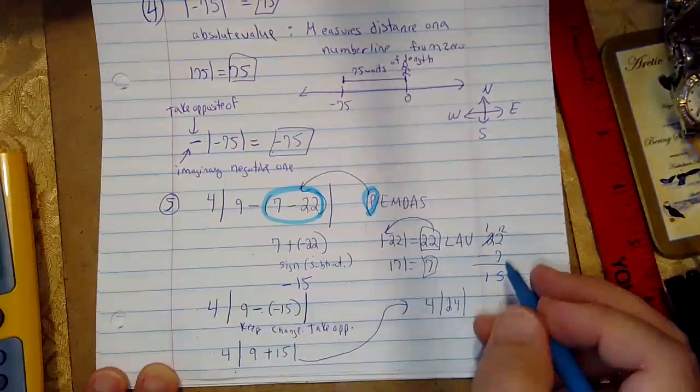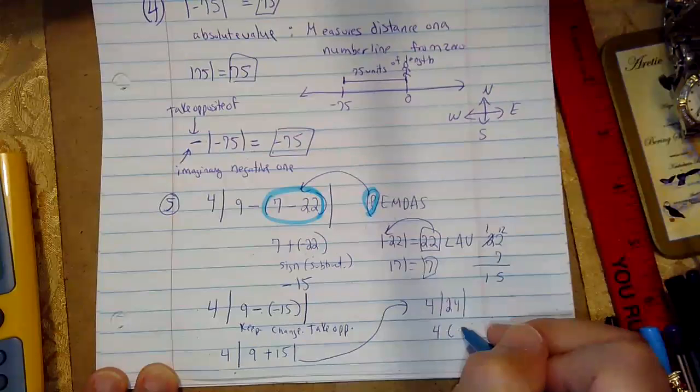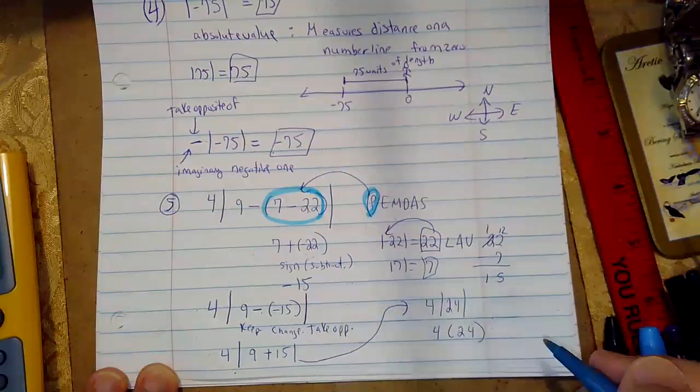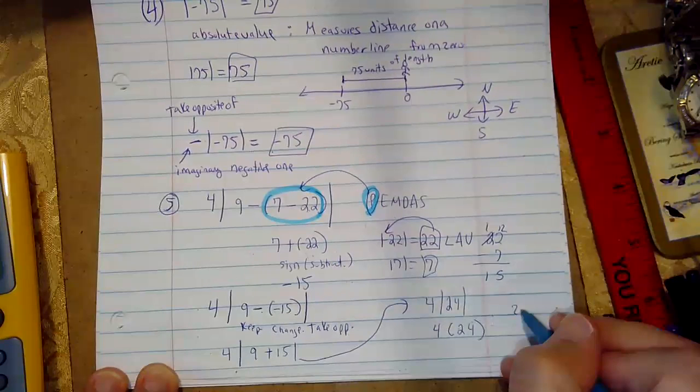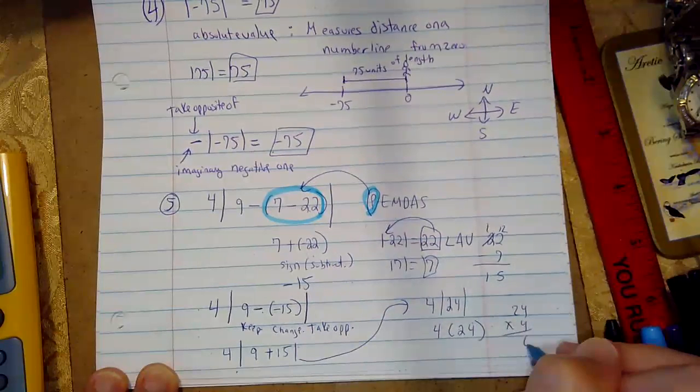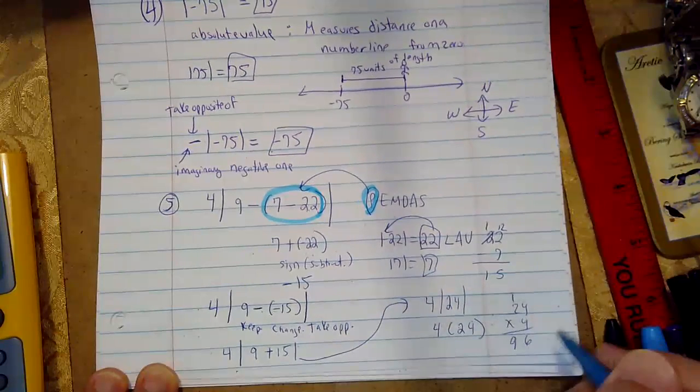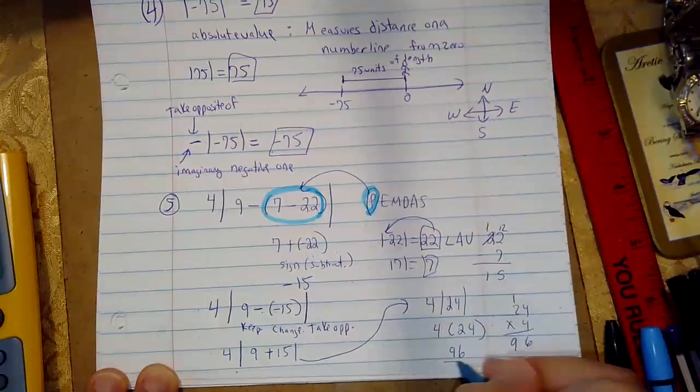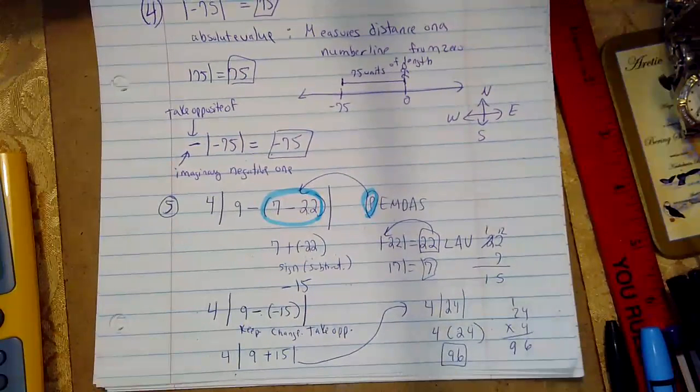And the absolute value of 24 is 24. So this is now 4 times 24. Okay, so 4 times 4 is 16, carry a 1, 4 times 2 is an 8, 9, okay, 96, right? So that's number 5, which is 96, and that's correct.